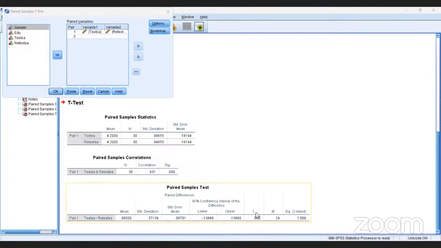So naturally the t-value is 0. The df is 29 because 30 observations are there. And there is no question of significance. So this is the paired sample t-test.